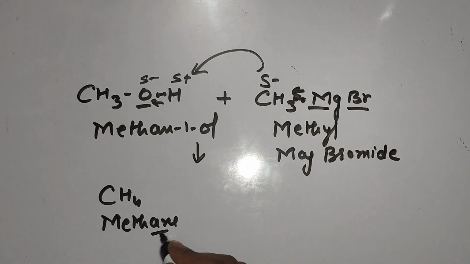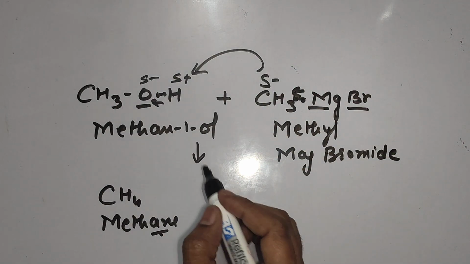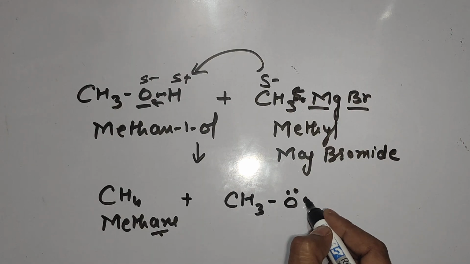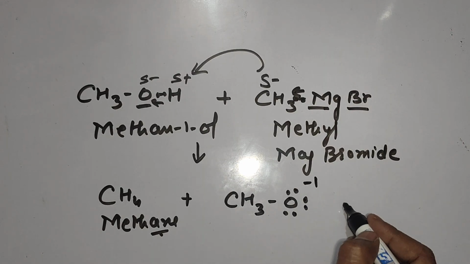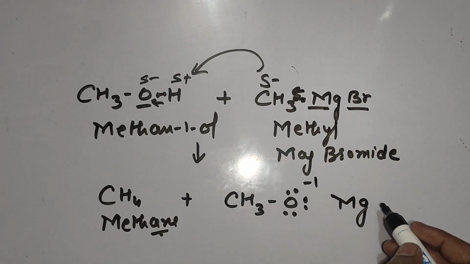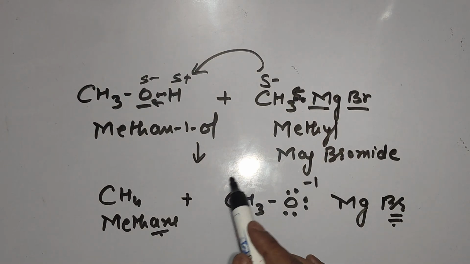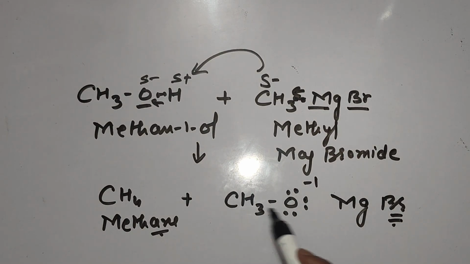How bonding will happen we have already understood in the mechanism, and this oxygen with 3 lone pairs is going to make a bond with MgBr like this. Now as I said, its general name is alkoxy.